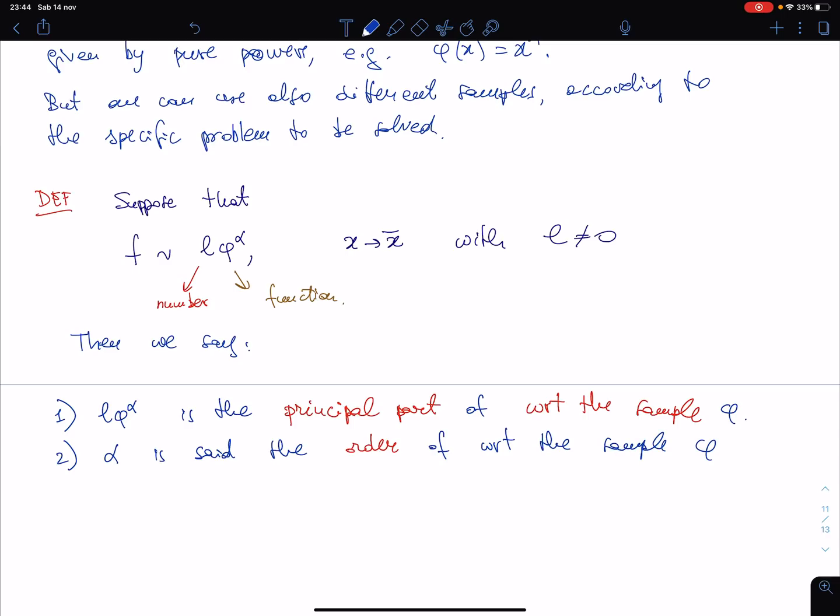Of course, both definitions, both statements hold for x going to x bar.